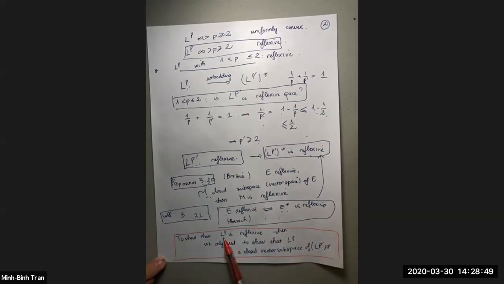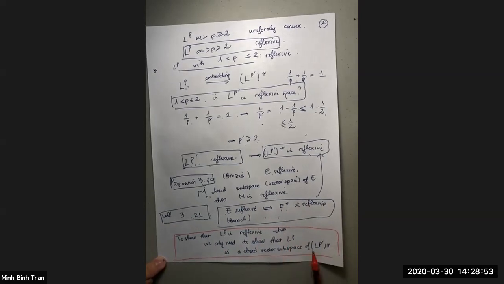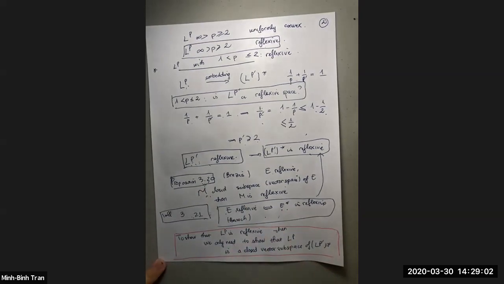Now, to show that L^p is reflexive, we need to show that L^p is a closed vector subspace of L^p' star. Then you can use 3.20, so L^p is reflexive. Any questions? It's good.